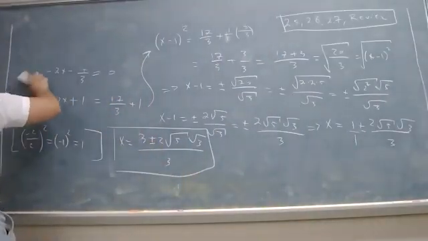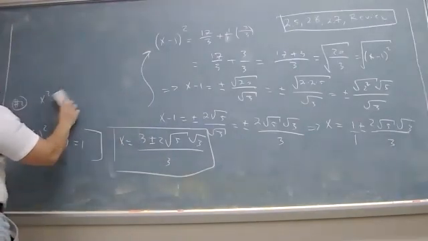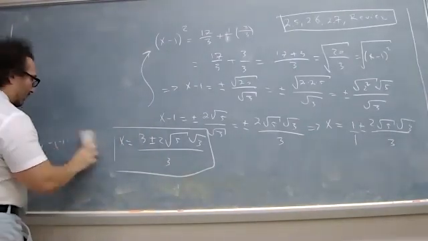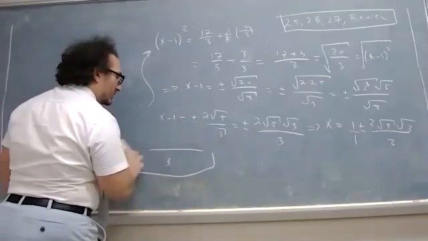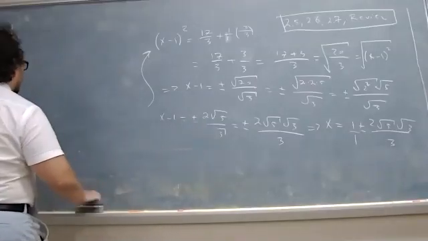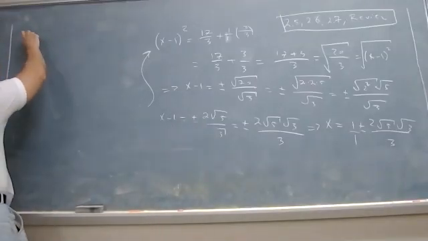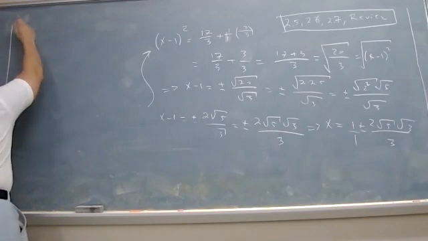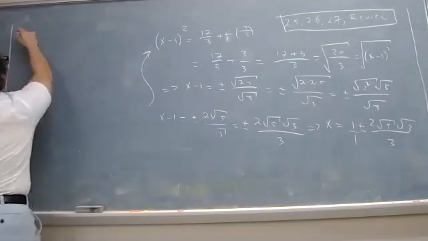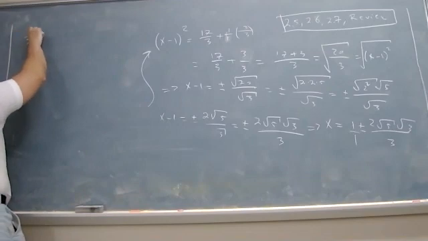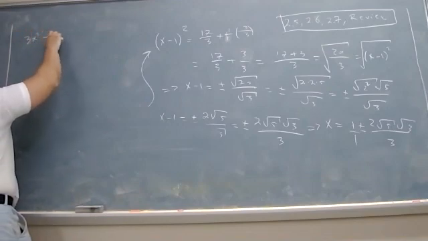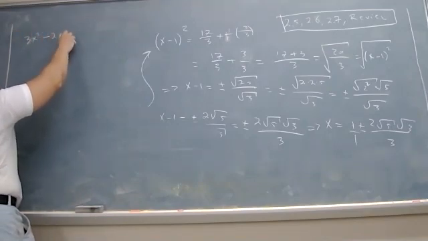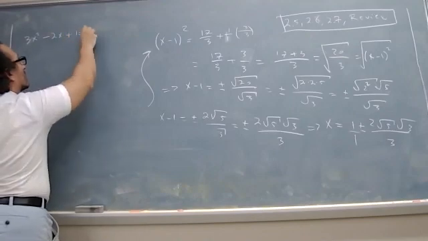So that's another technique. Completing the square allows you to factor. Let's use another technique that you guys are familiar with. Let's say I have 3x squared minus 2x plus 10 is equal to 0.